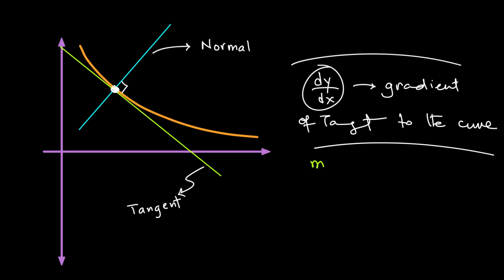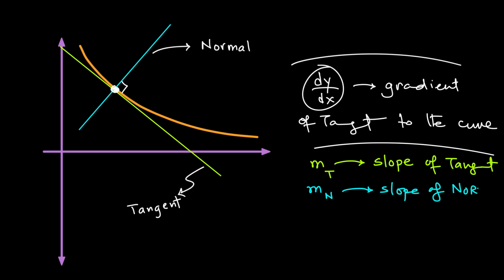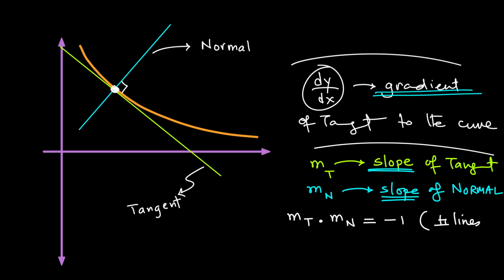I'm using the symbol m for the slope of the tangent, and similarly, I'm using the symbol m with a subscript n for the slope of the normal. The terminology slope is the same thing as gradient. We know the rule: gradient of tangent times gradient of normal gives you -1. This is the rule of perpendicular lines.